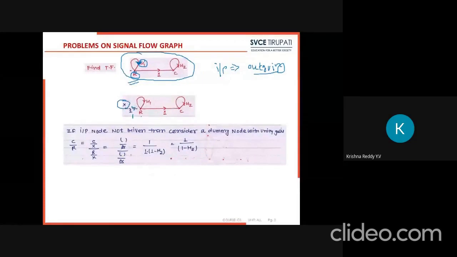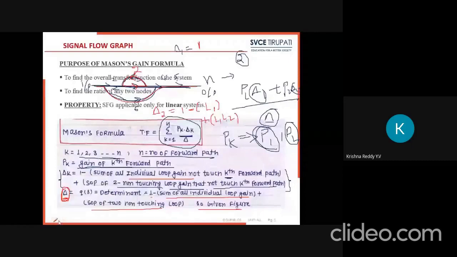Now we need to calculate the transfer function, C by R, as C by X divided by R by X. This is one more advantage of Mason's gain formula. The purpose of Mason's gain formula is to find the ratio of any two nodes.